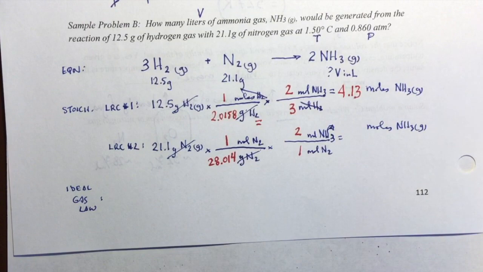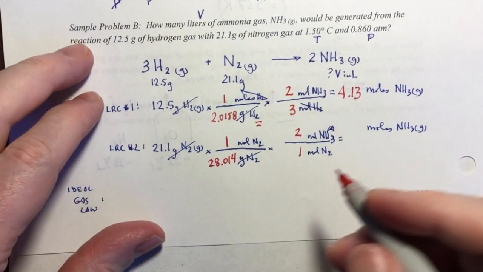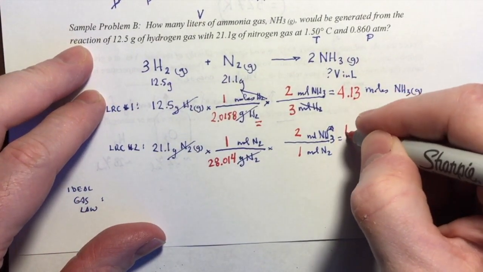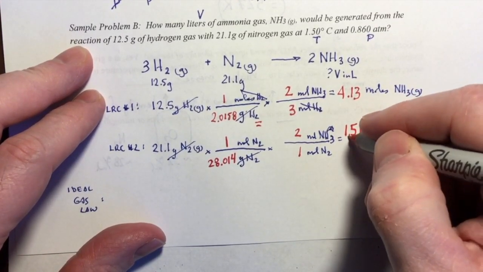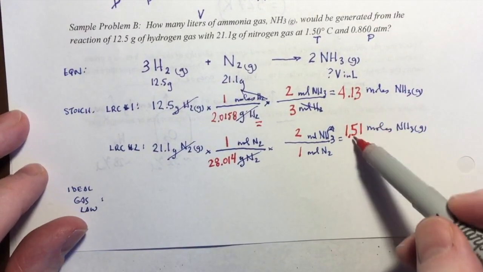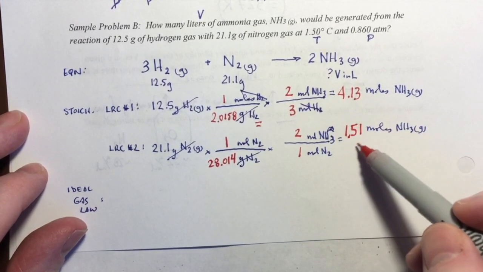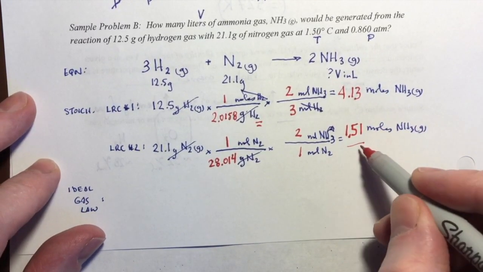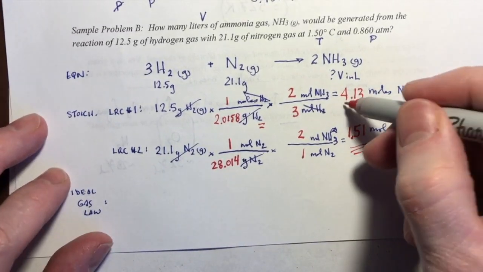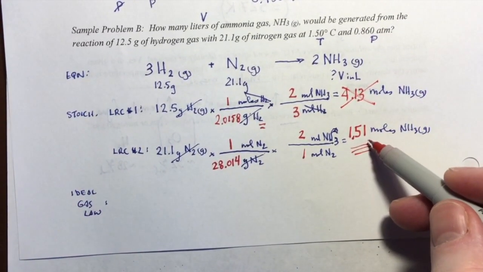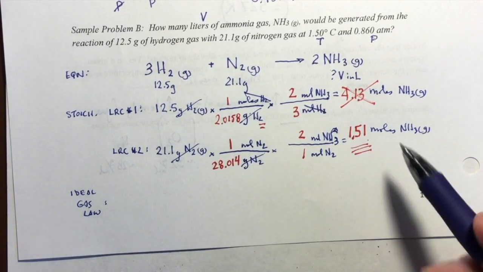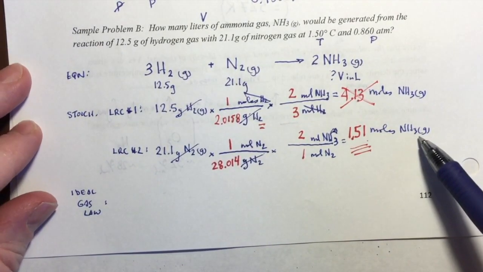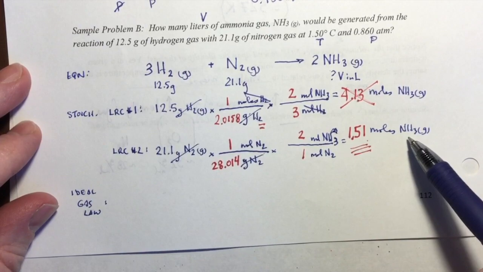And the results of the bottom calculation, if I round to the 3 sig figs, gives me 1.51. So of these 2 values, I always take the smaller of the 2. So there's the number that I'm going to use, 1.51 moles of ammonia. So this is the number of moles of NH3 that I'm going to generate.